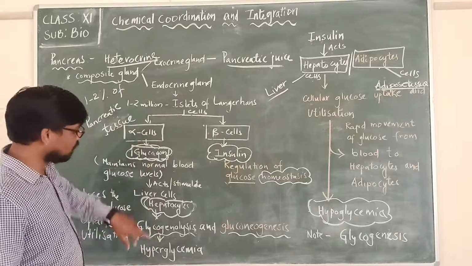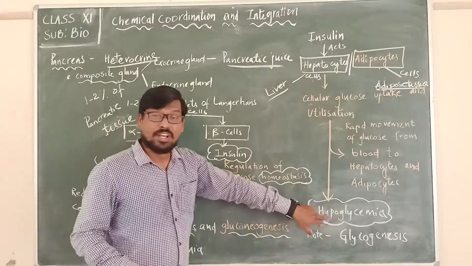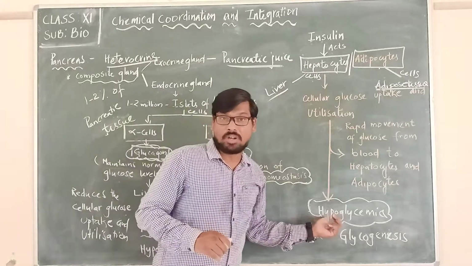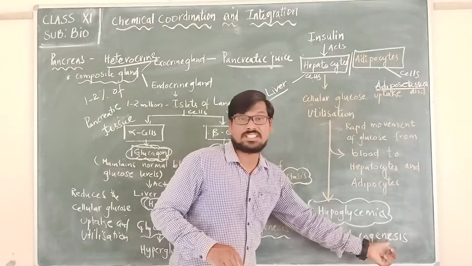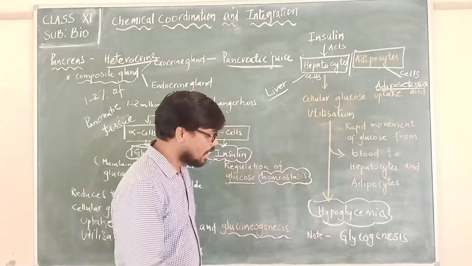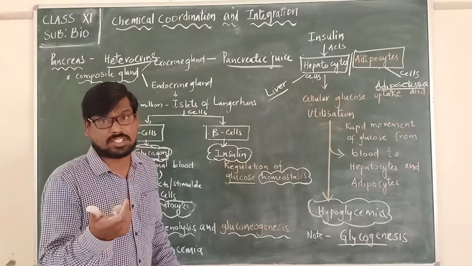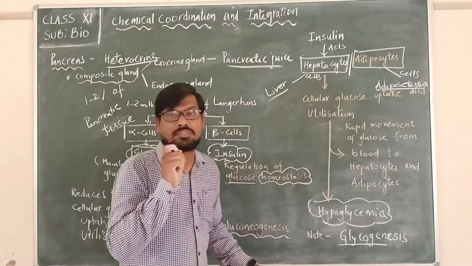So we are calling glucagon a hyperglycemic hormone. Not only does insulin help in leading to hypoglycemia, but it also helps in glycogenesis. You know the meaning of glycogenesis: the beginning, the formation of glycogen.